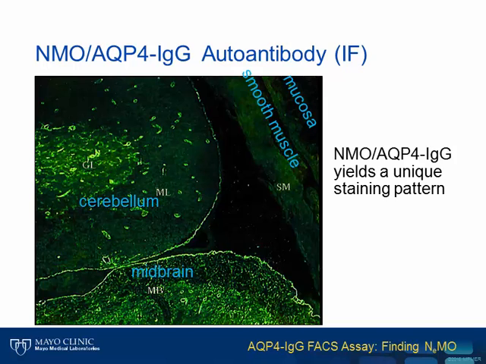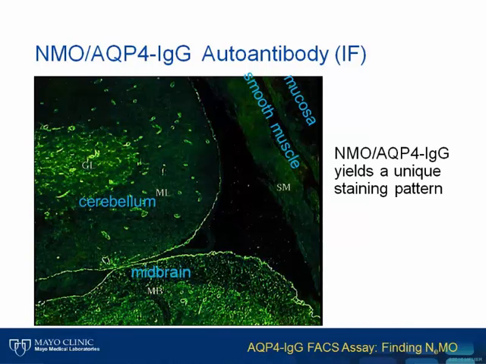It was the discovery that this binding pattern was present in approximately 70% of patients with the disease that led to the recognition that this was a specific binding pattern, that these patients had a specific IgG, and it was subsequently work by Dr. van der Lennen in our laboratory that resulted in the identification of the target antigen as being the water channel.